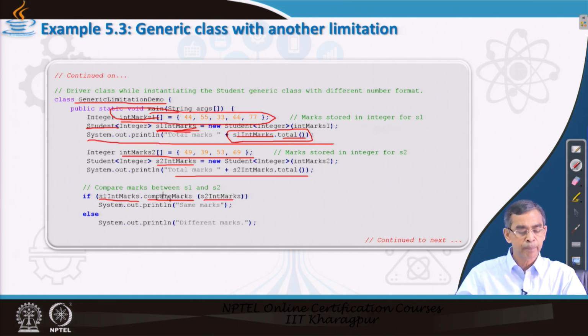We call this one, and compare marks compares the two sets' sums, and if it is true, that means their totals are the same, and it will print same marks, otherwise it will print different marks. Okay. Now, this part of the program has absolutely no problem, because we are calling this and this, it is working, and you see that this part of the program will work.